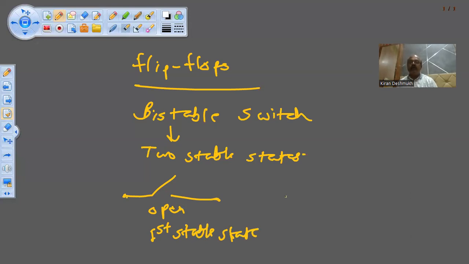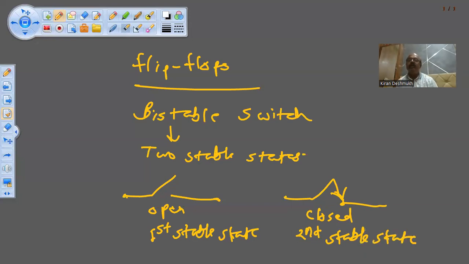Then this switch is closed. This is the second stable state. Once you close the switch, it will remain in that state unless and until you open it again. So open state is one stable state and closed state is another stable state.